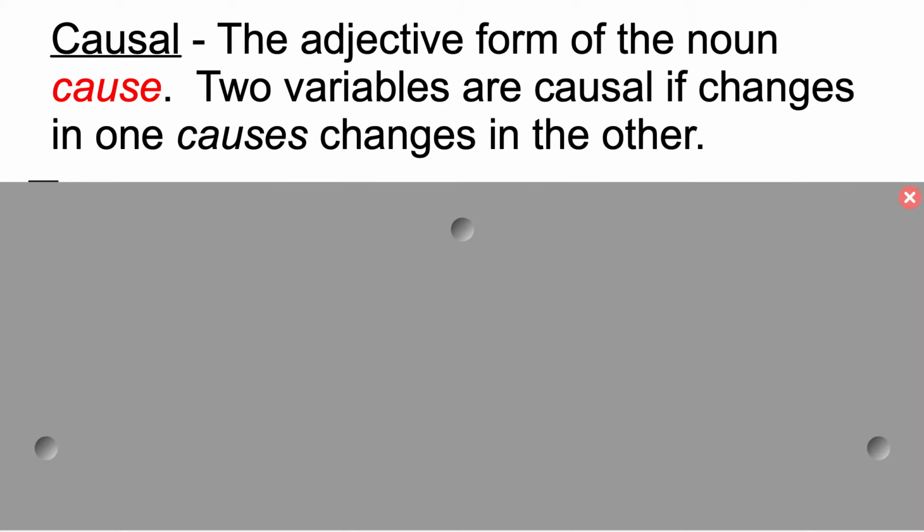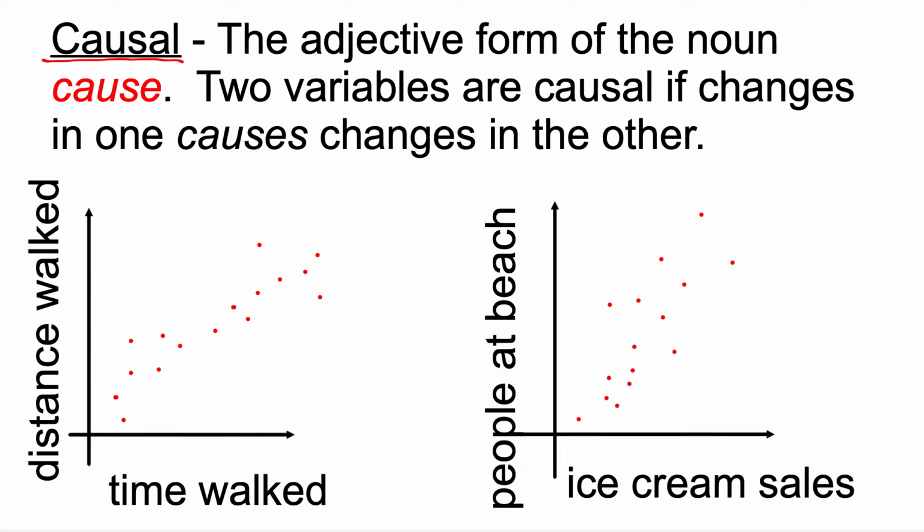Okay, next I got to introduce you to a vocabulary word that you should understand. It's causal. Causal, it's the adjective form of the noun cause. Now, two variables are causal if changes in one causes changes in the other. So I want you to consider these two situations.